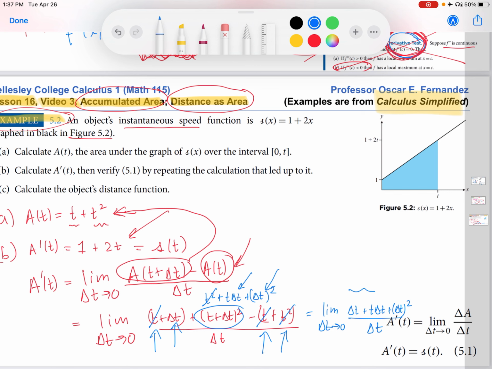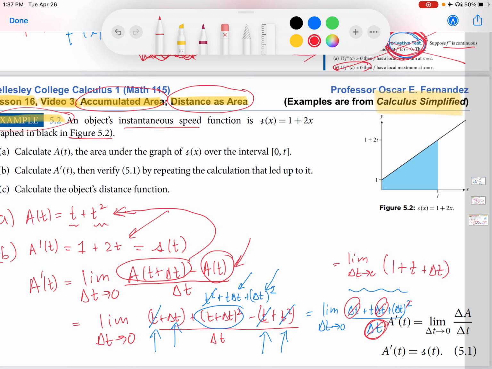And you can see that all of these terms have a delta t, so I can pull one out of the numerator and factor one out and cancel it with the denominator. So I get rid of this, this, and this. And I'm left with the limit as delta t goes to 0 of 1, because I canceled that with that, plus 2t, because I canceled that with that, plus delta t.